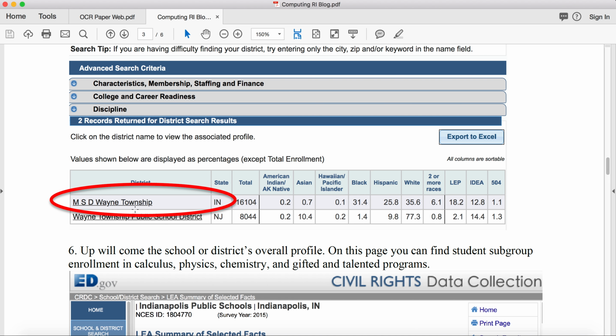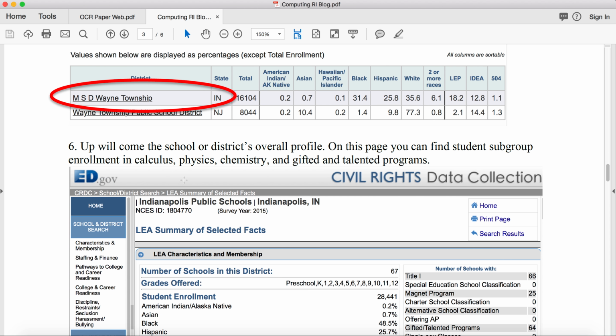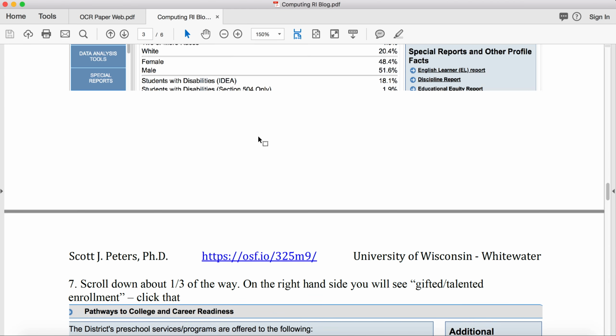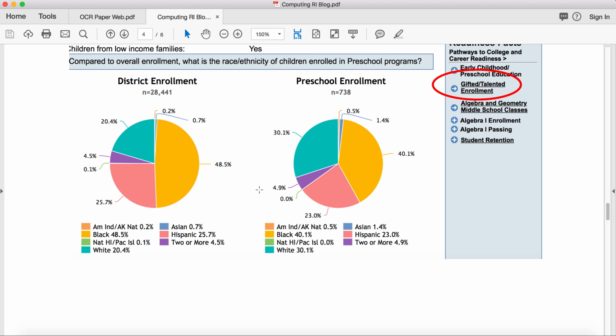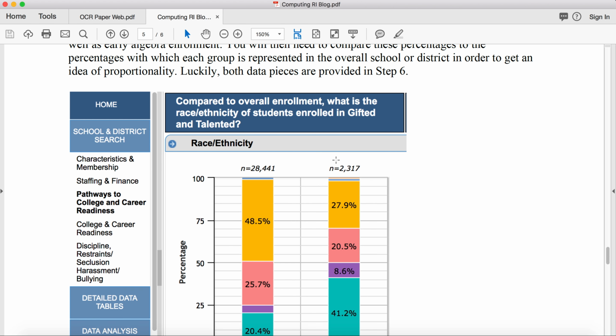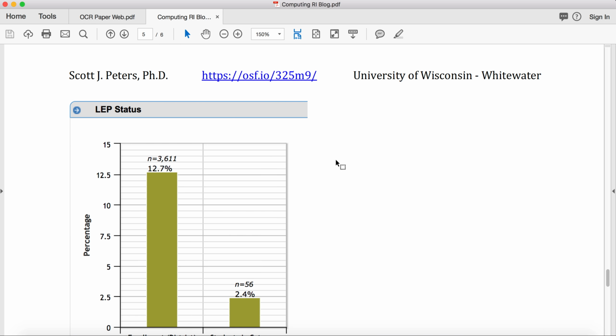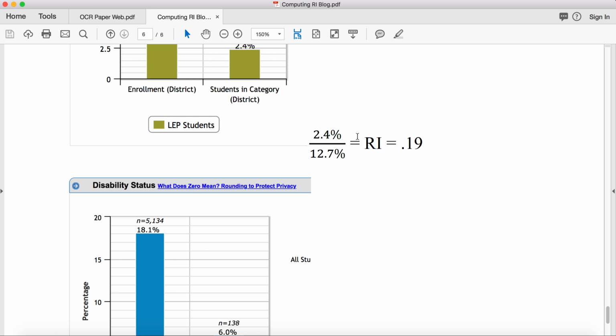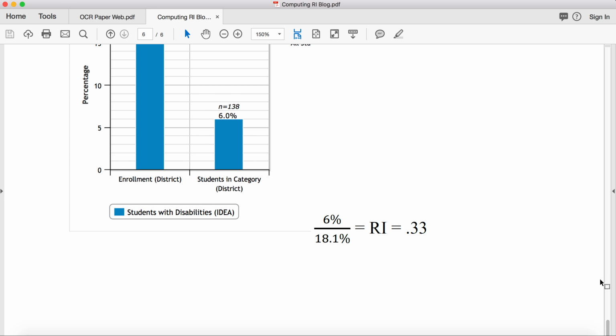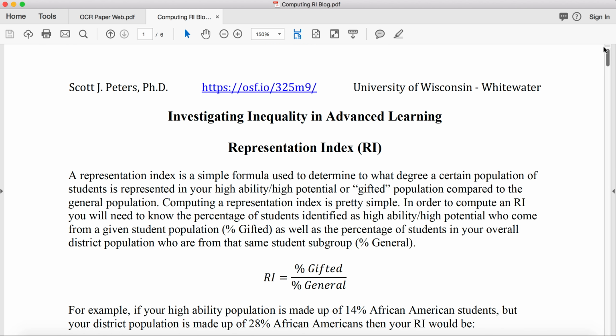In this case, I was looking at Wayne Township in Indiana, or at least there I was. Scroll down and you've got all these data about gifted and talented enrollment broken down by race, ethnicity, broken down by LEP. You can see I did little calculations there, and also by disability status. And once you have those data, you can go to the website and start thinking about maybe what could you do to mitigate disproportionality in your program.